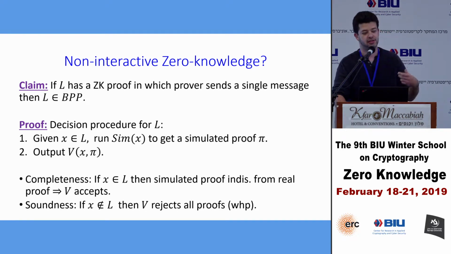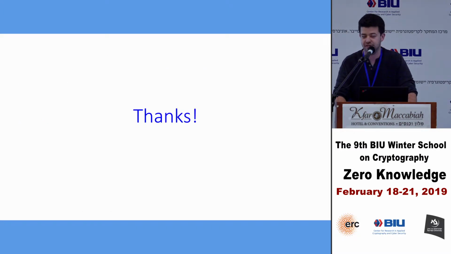Well, if X is not in the language, then we know that in general V will reject all proofs. That's what soundness means. In particular, it rejects one generated by this simulator. So we have completeness and we have soundness. It means that L is in BPP, and that tells us that non-interactive zero knowledge is trivial. We can only have it for BPP. So that will end my talk.